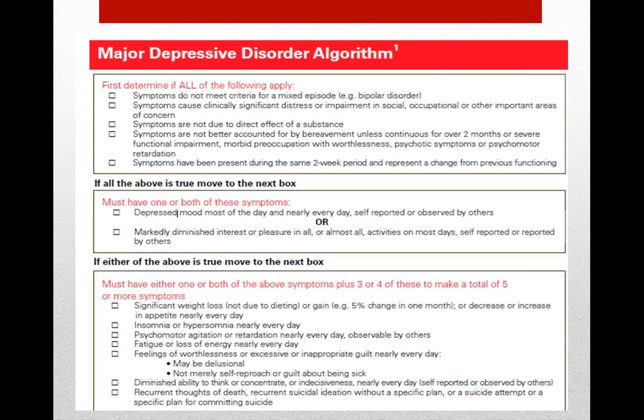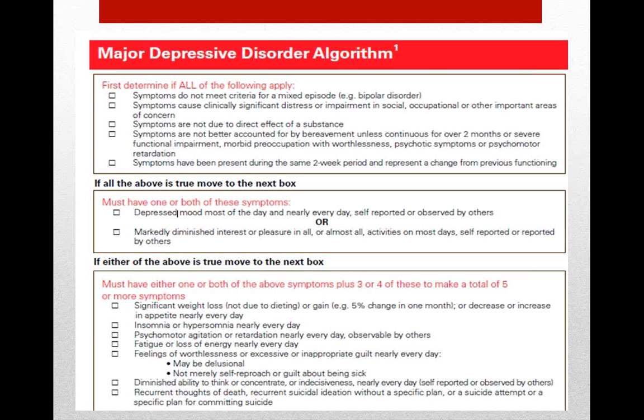Now, what do you need to document for major depression? Well, you need to go through this algorithm. Many of our EMRs may have this, but this is on the website, and you can incorporate it into your EMR. Basically, first you have to make sure you have all of the symptoms in the first box there, where you don't have substance abuse, it's not due to bereavement, and then you have to look and see if you have one or two of the next symptoms, where the depressed mood most of the day, or you have markedly diminished interest or pleasure.